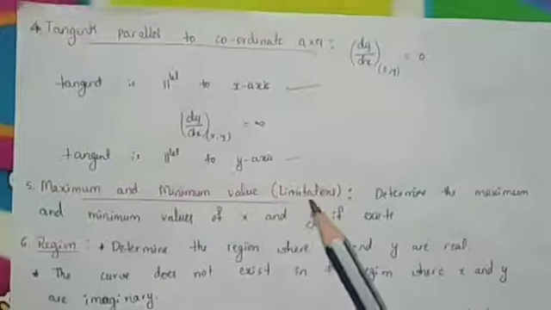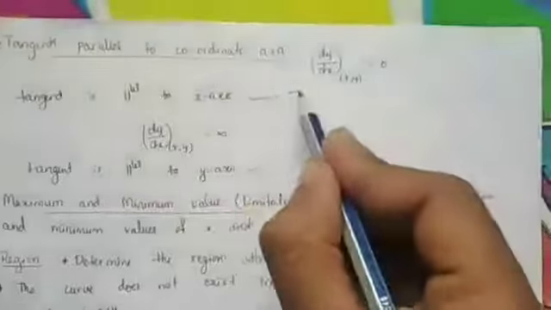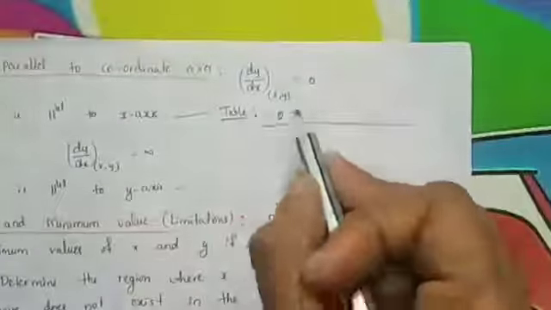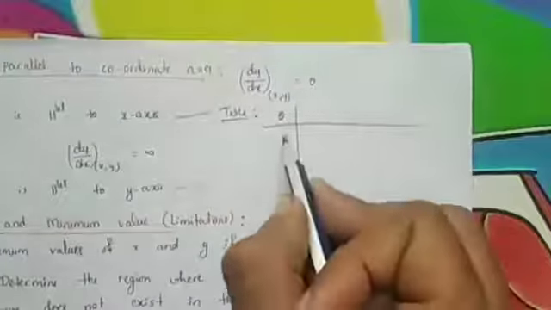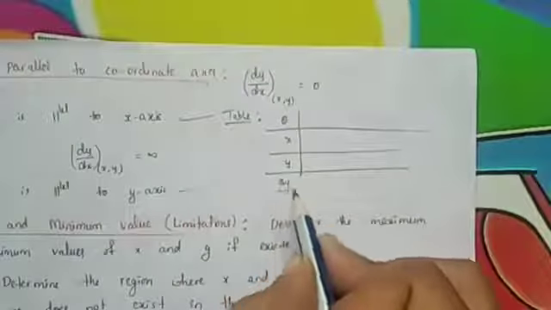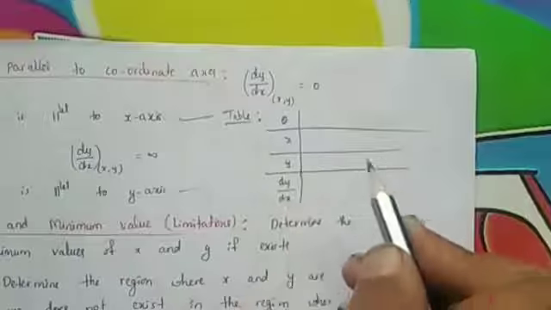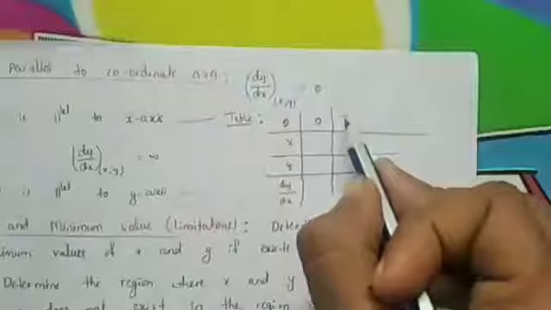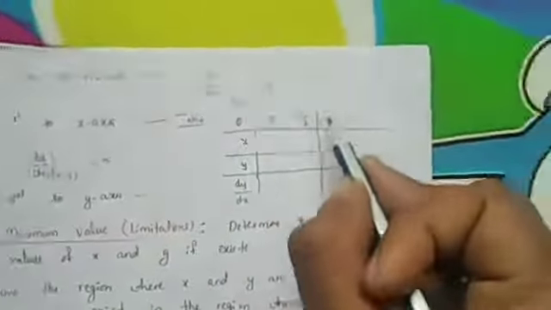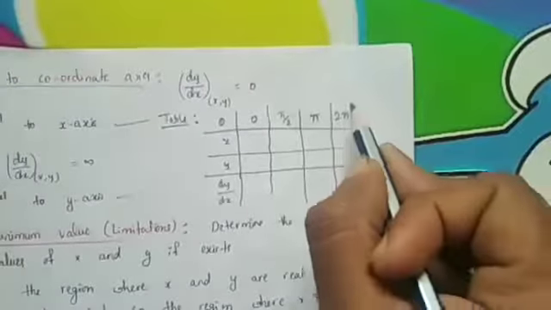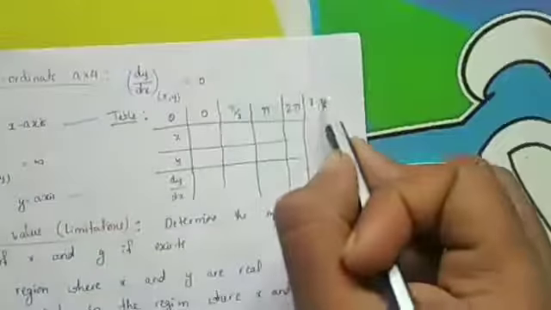Okay. The next point is the table. For different values of theta, you get the x value, y value and dy by dx values. You put theta equal to 0, pi by 2, pi, 2 pi, 3 pi by 2.